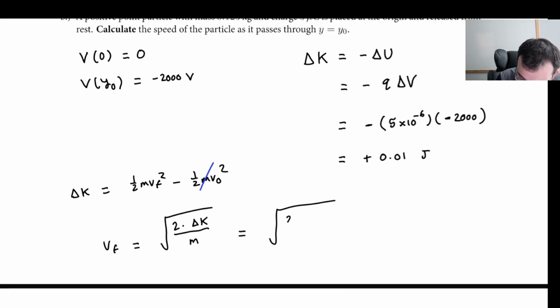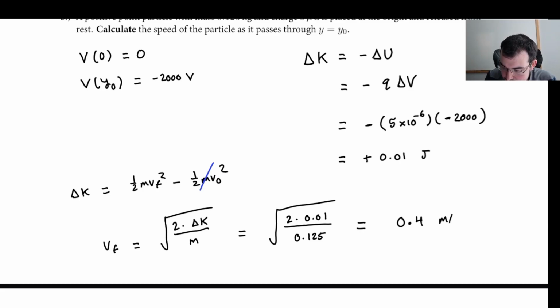And all of those things are known to us. And working this out works out perfectly nicely to 0.4 meters per second. Or not a whole number, but you know what I mean, not irrational. So that's our final speed.